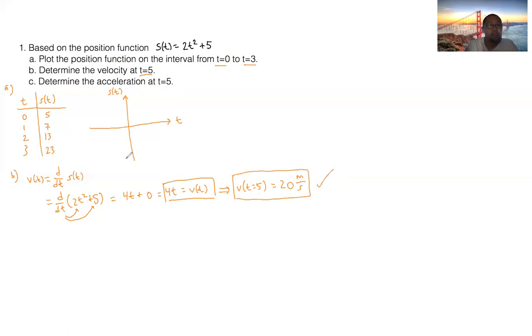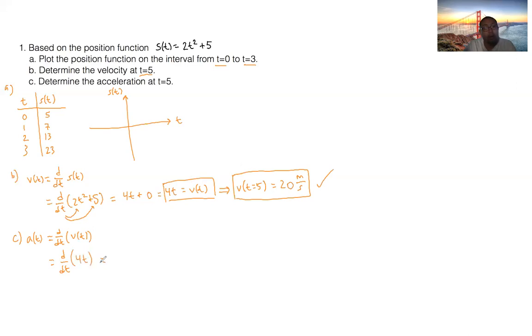Moving on to C. So C is asking for the acceleration at t is equal to 5. And we know, similarly, that the acceleration is just the derivative, in this case, with respect to t, of the velocity function. Okay? So we determined in the previous step that the velocity function is 4t. So all we're doing is taking the derivative with respect to t of 4t.